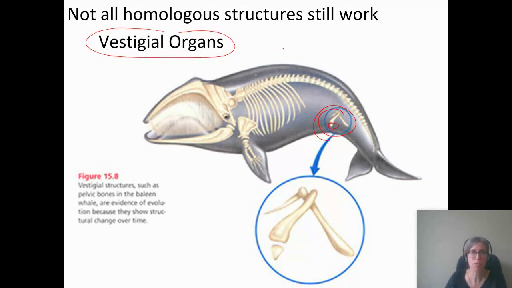And so those are just vestigial structures that have no use now, but they're still present because they were present in an ancestor, and there haven't been enough mutations yet to get rid of this organ. Usually over time, the vestigial organs will go away because it does take energy to make them. And so a mutation that gets rid of them would be favored if they're not useful.